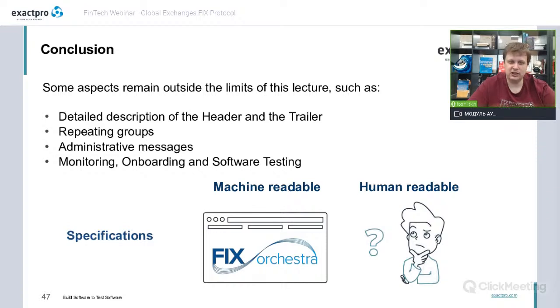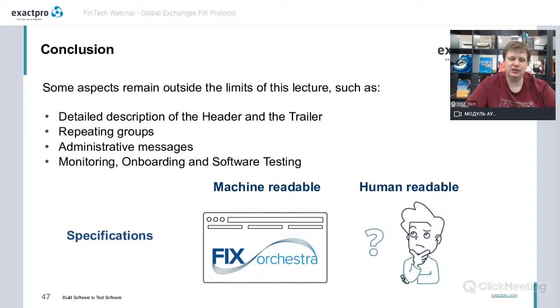This session also omitted information on headers and trailers, what they contain and how to encode them.